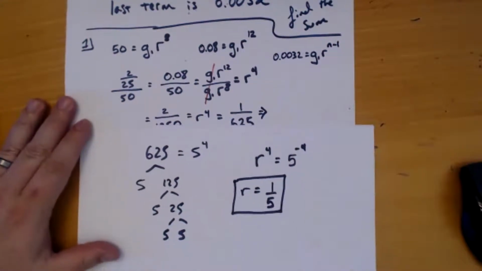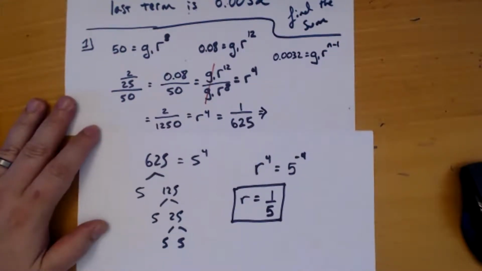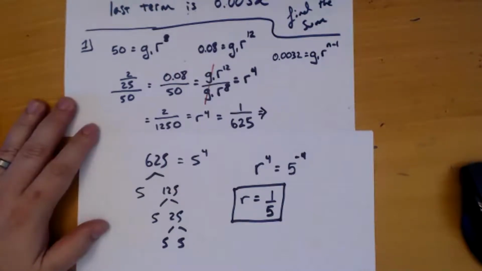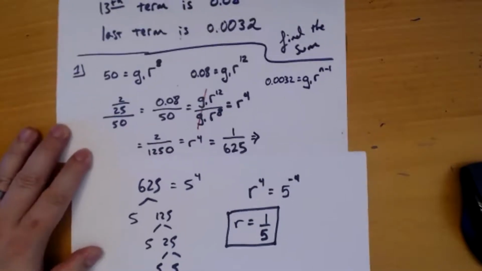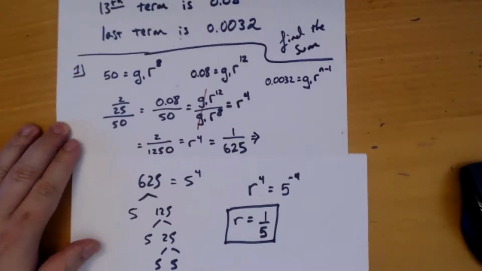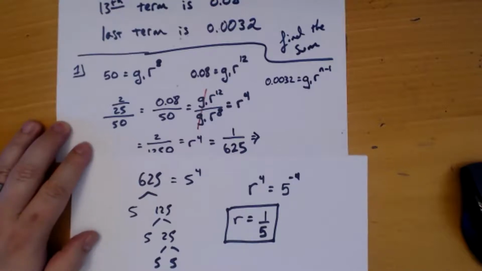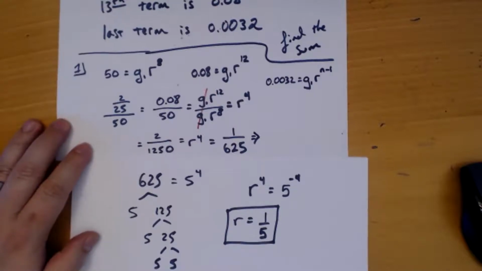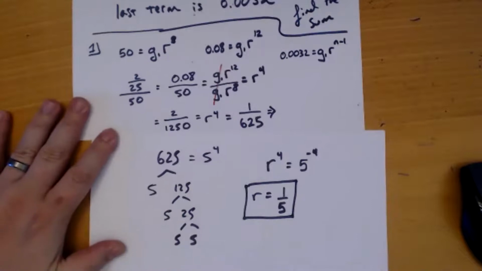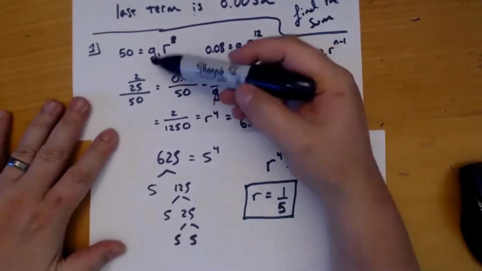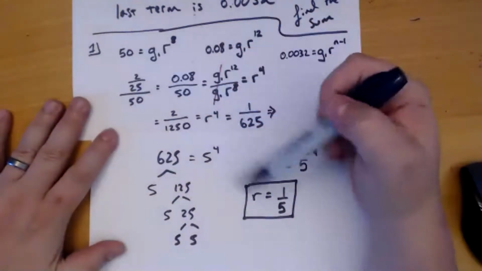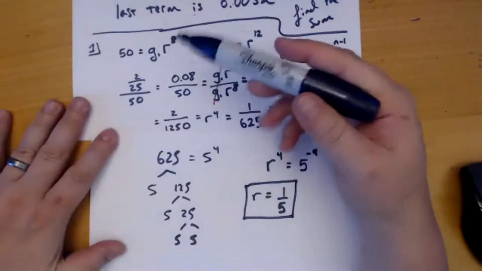Yay. Now we got to find all the other nuggets of information. Remember, to use the formula, we need G1, we need R, and we need N. Okay? So let's go up and do one using some information that we have.